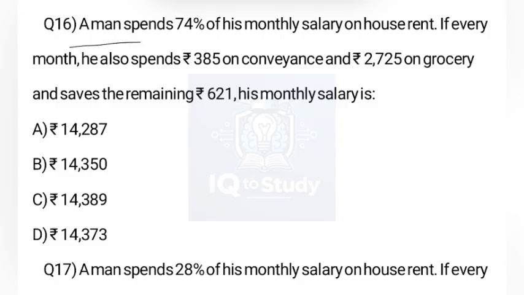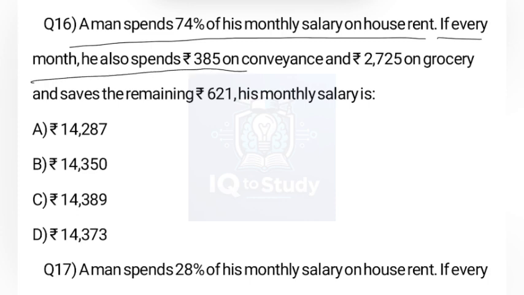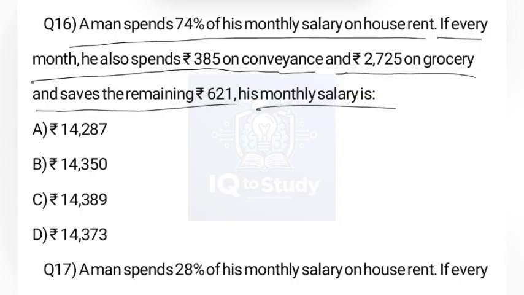Aman spends 74% of his monthly salary on house rent. If every month he also spends 385 rupees on conveyance and 2,725 on grocery and saves the remaining 621, his monthly salary is.